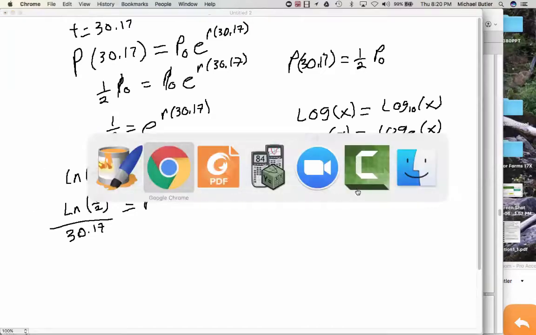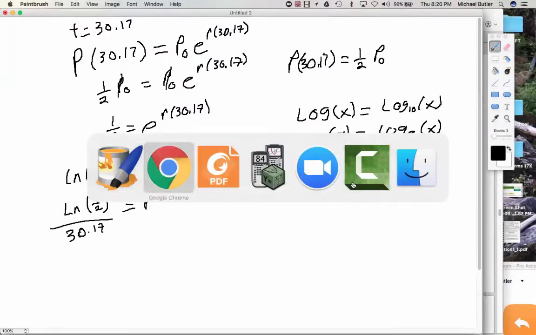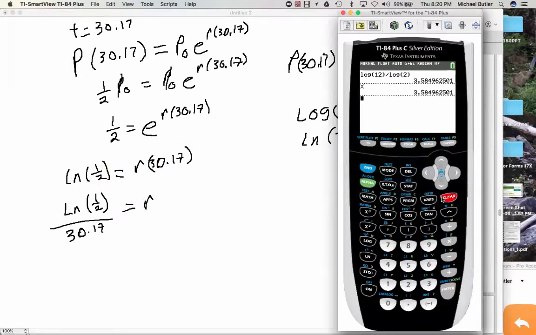So at this point, we have to go get our calculator. We take the natural logarithm of 1/2, and we divide that by 30.17. And that's what r is equal to.